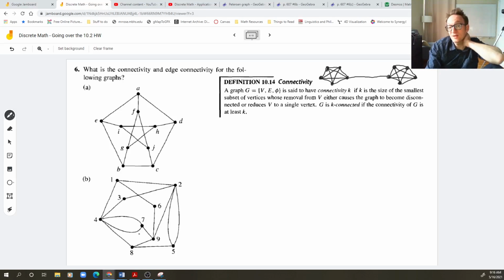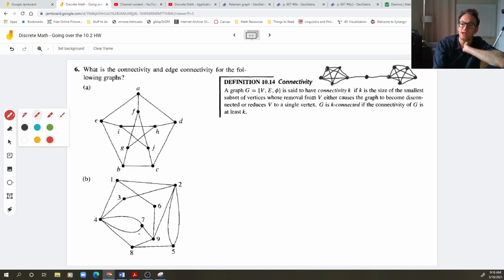Well, there are a lot of friendships in this class, but it turns out that there's just kind of like one person holding this class together, and that's this person right here. So this graph is in some sense very connected, but in another sense it's not connected at all. If this one vertex were to leave, then suddenly your graph is disconnected. And so we would say that this vertex has connectivity 1. Okay, that's kind of the idea.